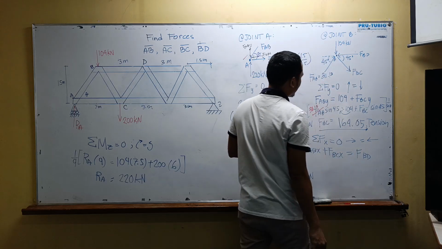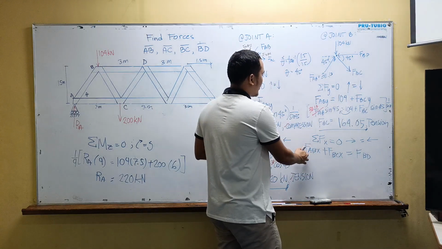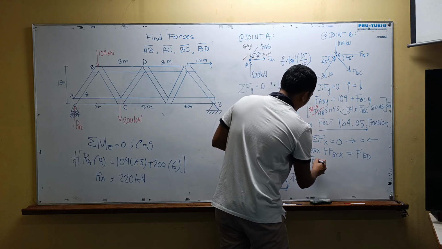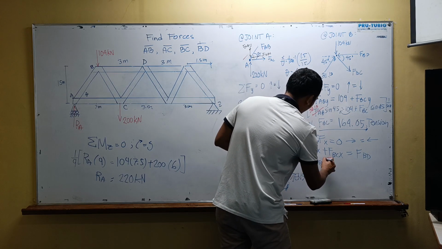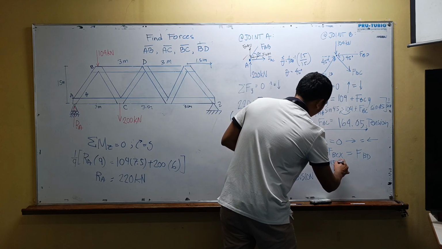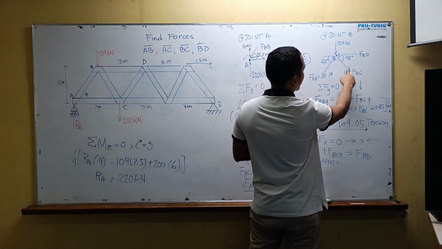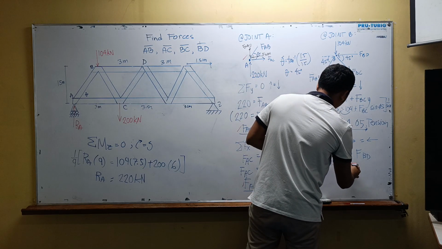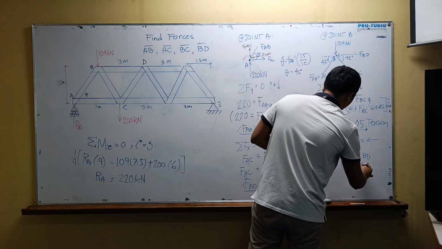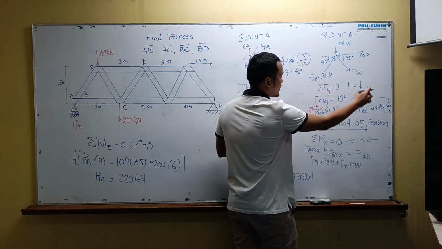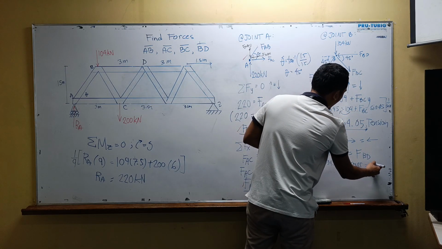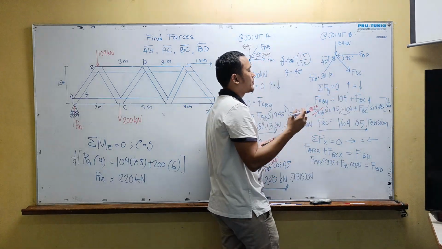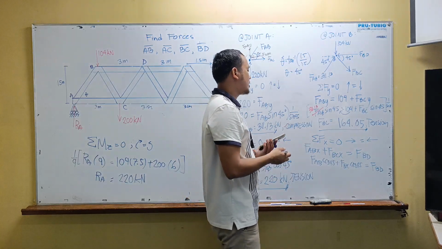So FABX, we can solve that by using FAB cosine 45, and then FBCX, we got that by FBC cosine 45, and then lastly equal to FBD. And since it's already horizontal, no trigonometric function needed.